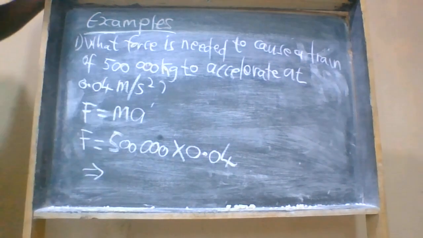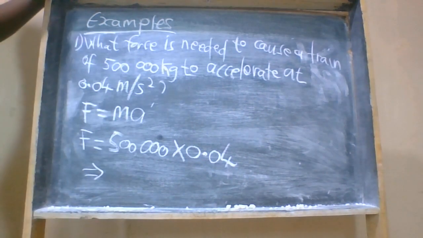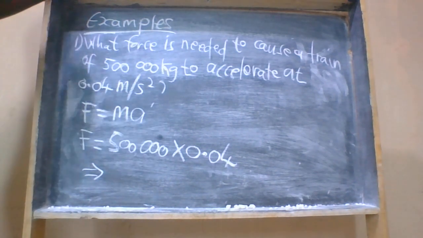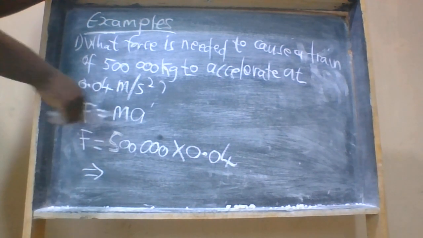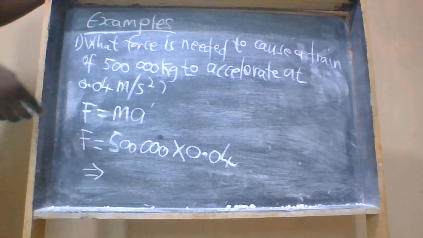There's a certain logic that we use there. It's very simple, but in this case, we just calculate it directly: 500,000 times 0.04. What answer is it giving us?